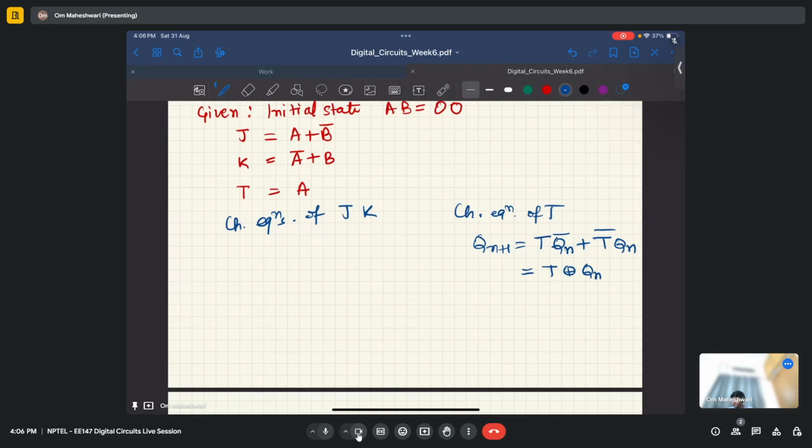For JK, it is Qn plus 1 equals J Qn bar plus K bar Qn.